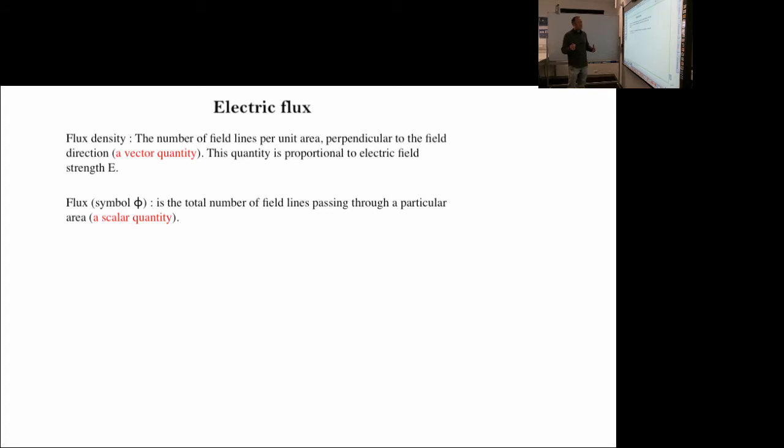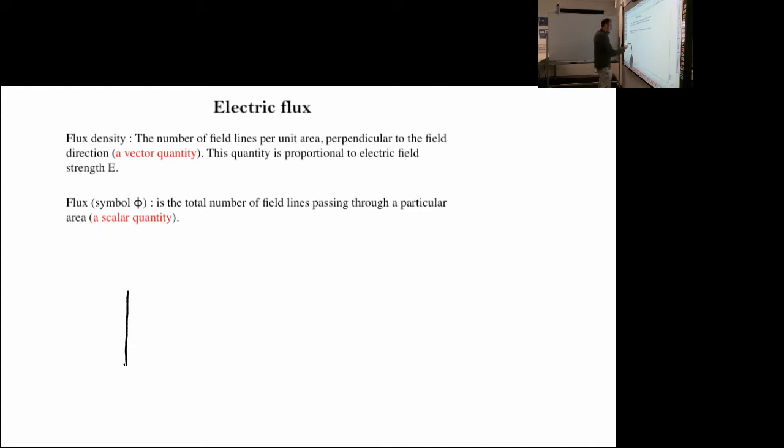The flux density is the number of field lines per unit area perpendicular to the field direction. So let's consider that we have a surface, and some field lines which are passing through perpendicular to that surface.